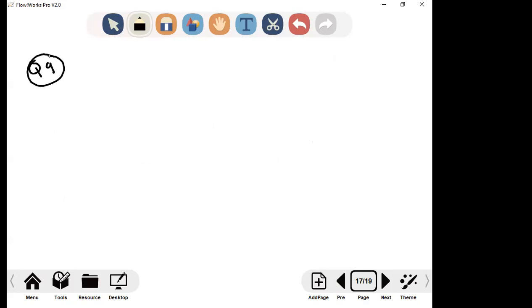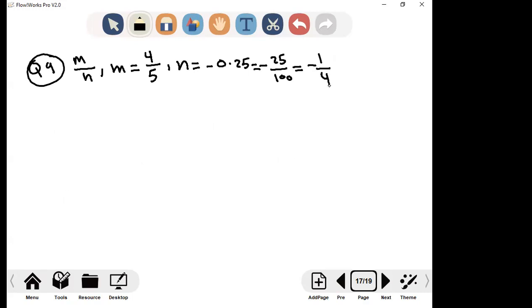Question 9 wants us to evaluate m/n, given that m equals 4/5 and n equals negative 0.25. I want to make it negative 25 over 100, which is negative 1/4. So m/n equals 4/5 divided by negative 1/4.